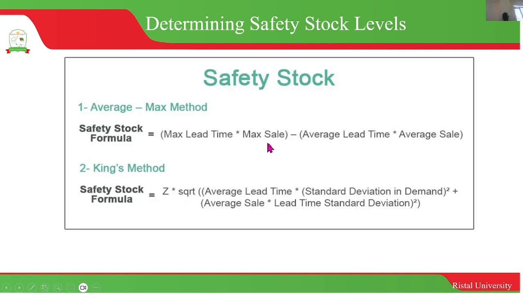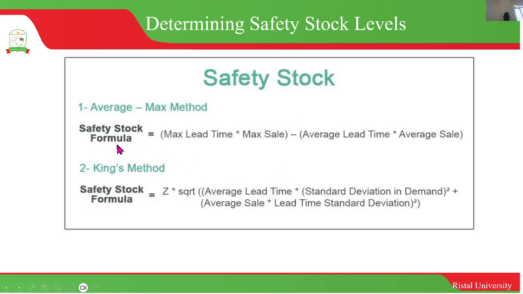Here, the maximum sale corresponds to our maximum consumption that the hospital is using. I will repeat, most of these formulas are always shared between business and also healthcare settings, so that's why you see words like sales here, but ours will be the consumption. And then this minus the average lead time times the average sales should be able to give us that estimate.